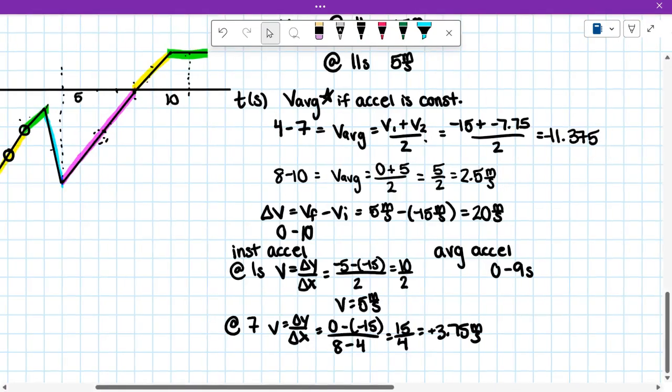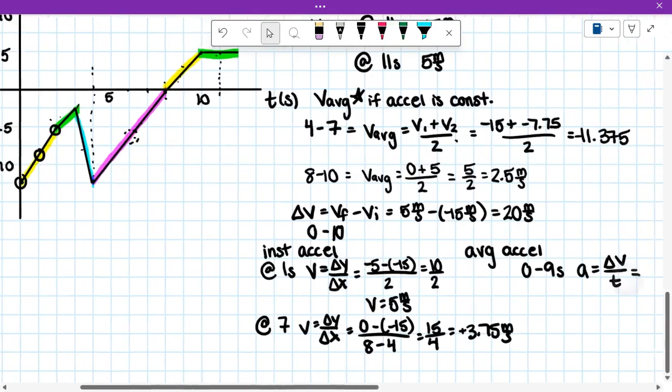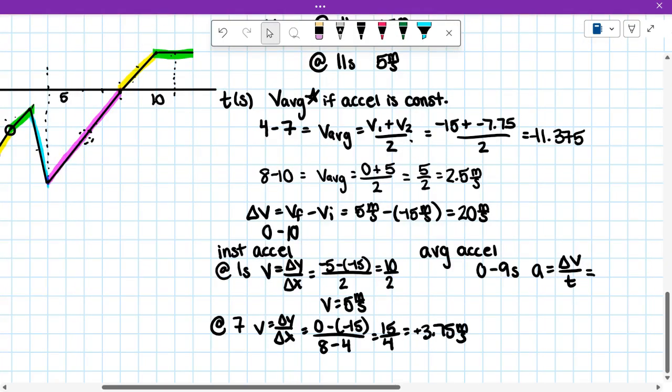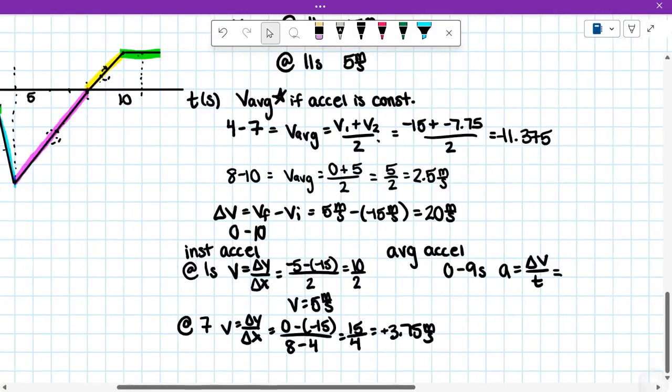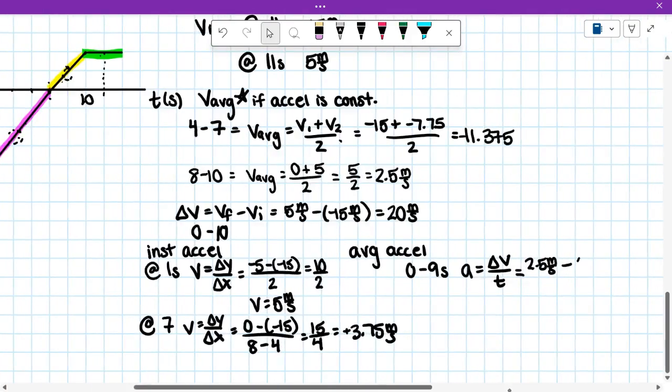But the other way that we can find the average acceleration is to do the change in velocity over the time frame. So v final minus v initial, well, at 9 seconds, right here, ooh, that's actually the 5th acceleration. So at 9 seconds, we are at 2.5 meters per second. And at 0 seconds, we were at a negative 15 meters per second. And that happens in 9 seconds.